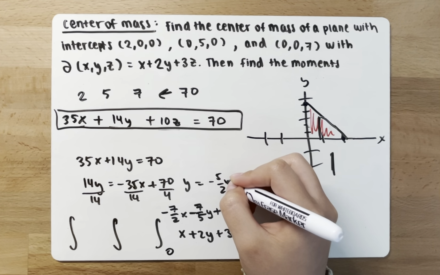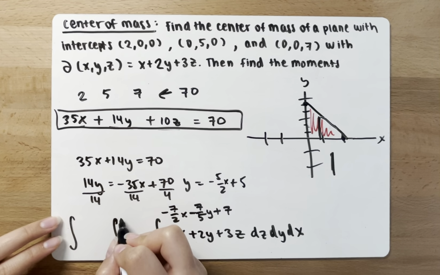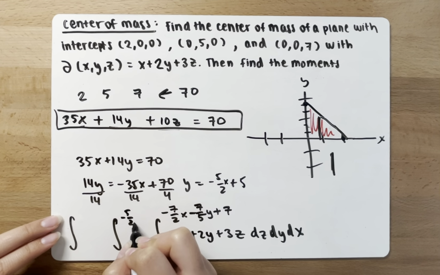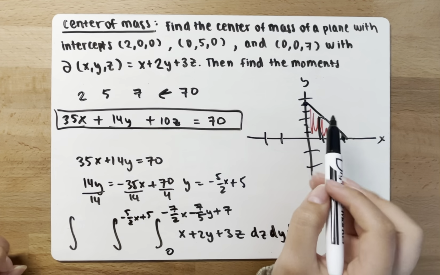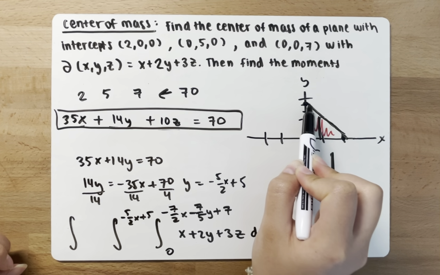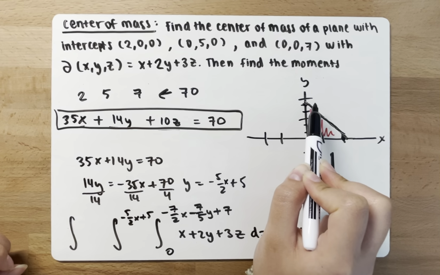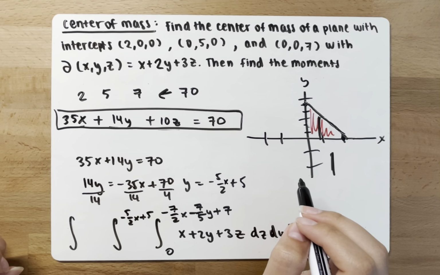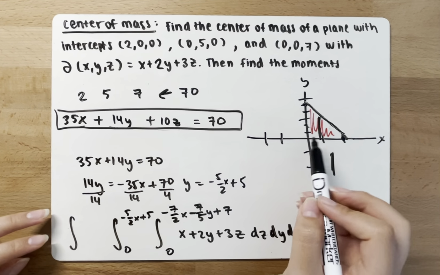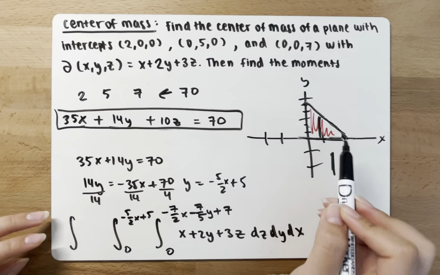So this is -5/2 x + 5. This will be your upper boundary, because this line determines how far up this region goes. Now the lower boundary is going to be 0 because this region ends at y equals 0.